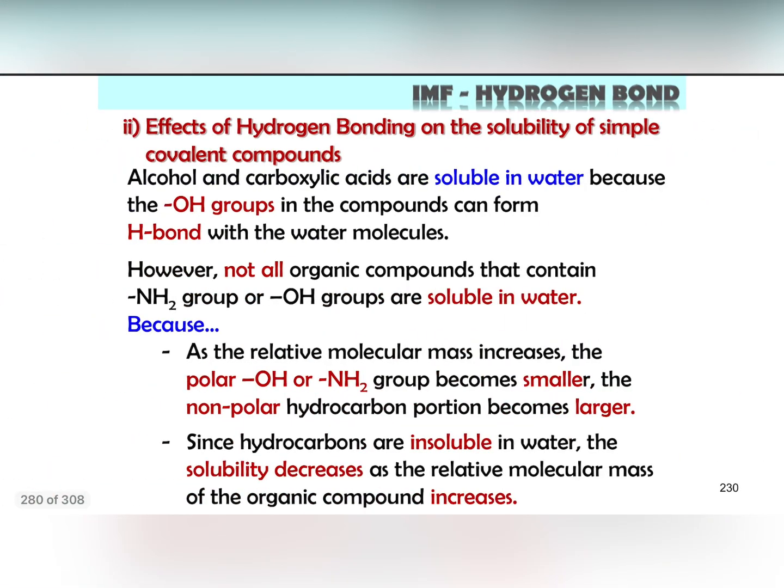Right, so this will make the compound less soluble in water, because of the hydrocarbon part yang bahagian lebih besar itu insoluble in water, yang hydrophobic tadi. Okay, the one I mentioned about hydrophobic part. Okay, this will make the solubility of the compound decreases.